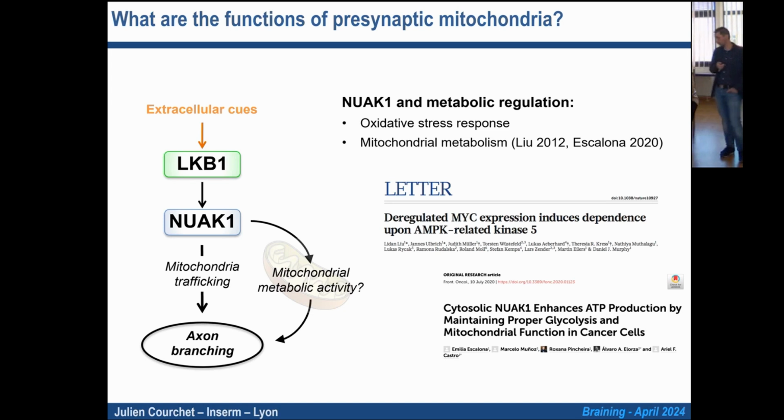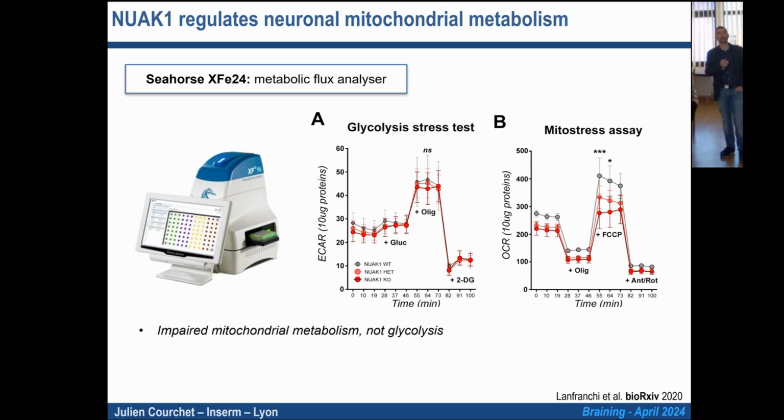So we wanted to see if mitochondrial metabolic activity was the answer in the stabilization of collateral branches of the axon. And for that, as I described previously, we can use flux analyzers to measure metabolic activity. If you remember the Seahorse assay, you can measure glycolysis and you can measure mitochondrial respiration.